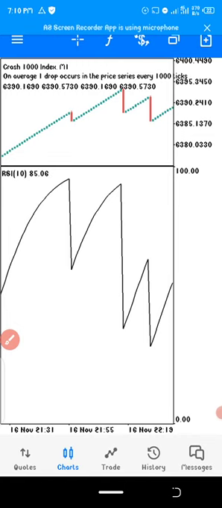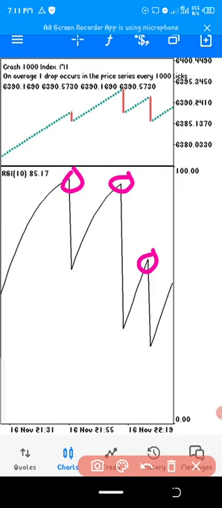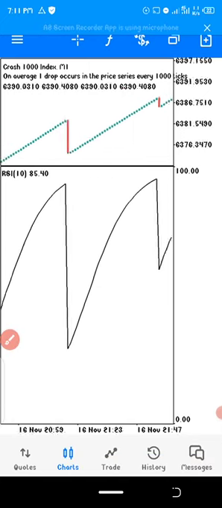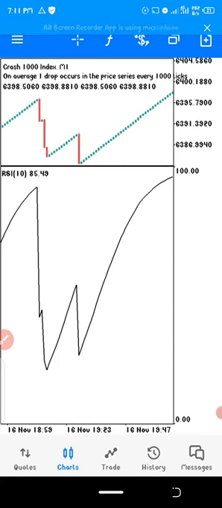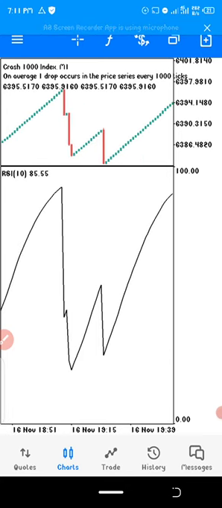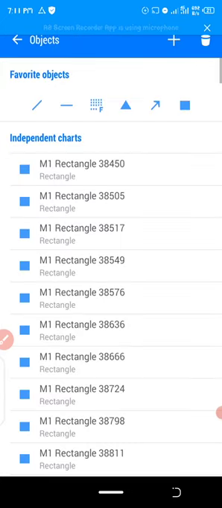What do I call a peak? This is a peak right here. This is a peak. This is a peak. A peak is a sharp end on the RSI. So whenever I say peak, you should know that is what I'm referring to. For Boom 1000, the peaks are always too much, but for Crash 1000 the lines are more defined, and it is easier for you to find the two touch system.